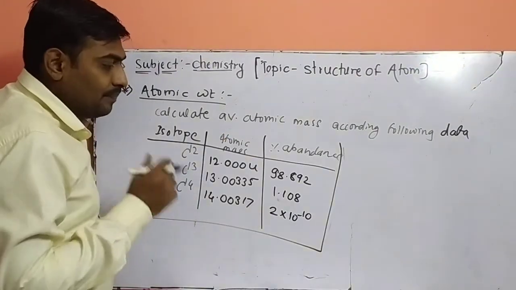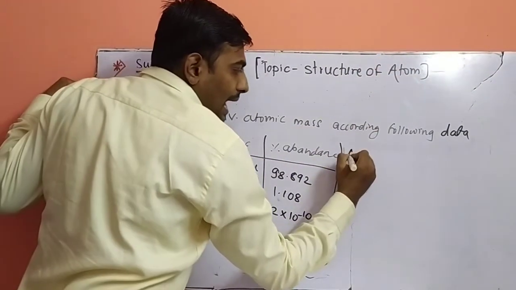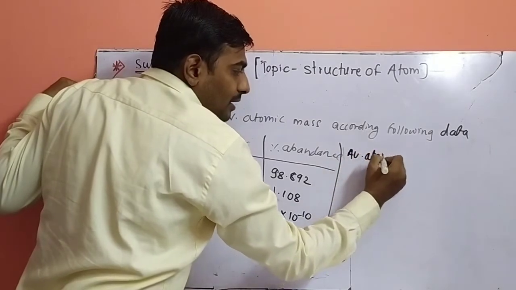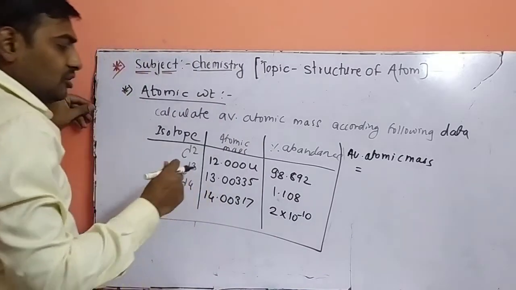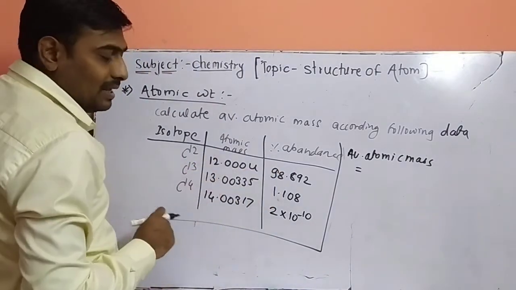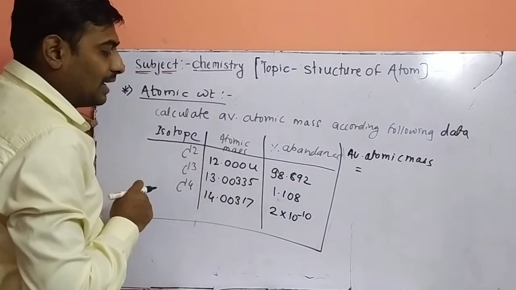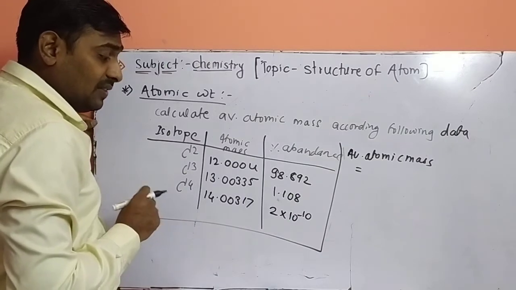So what is our formula? Average atomic mass is equal to the percentage abundance of that element multiplied by its atomic mass. There are 3 isotopes present in the carbon atom, C12, C13 and C14.